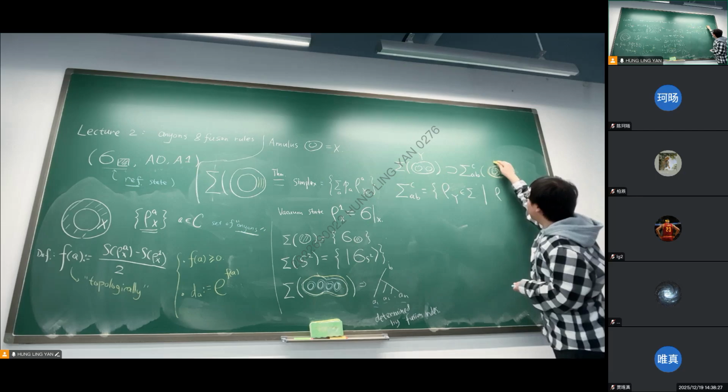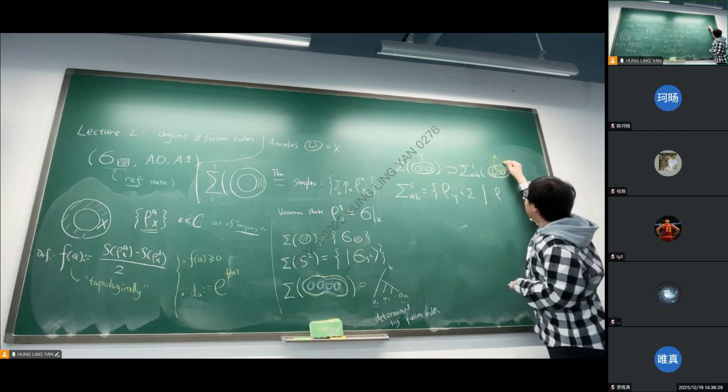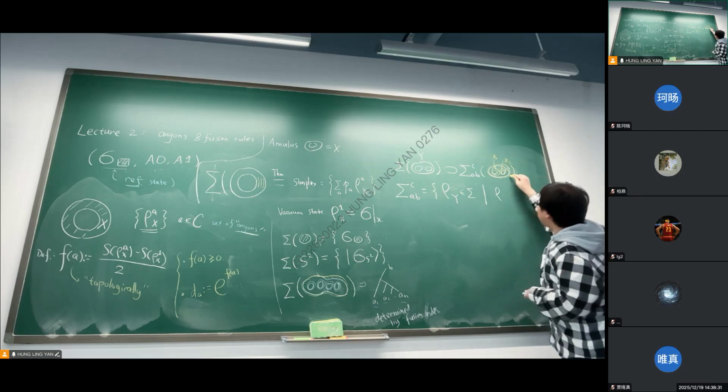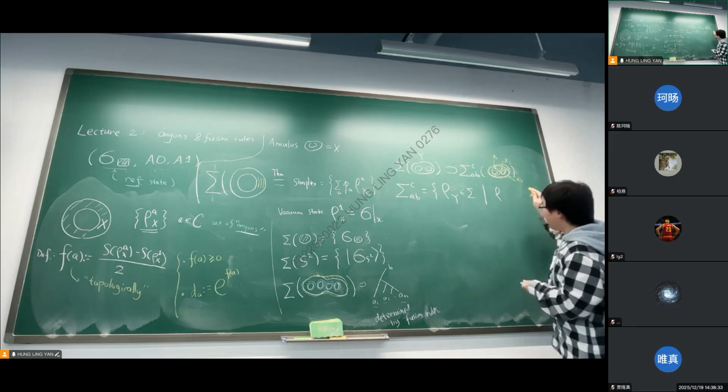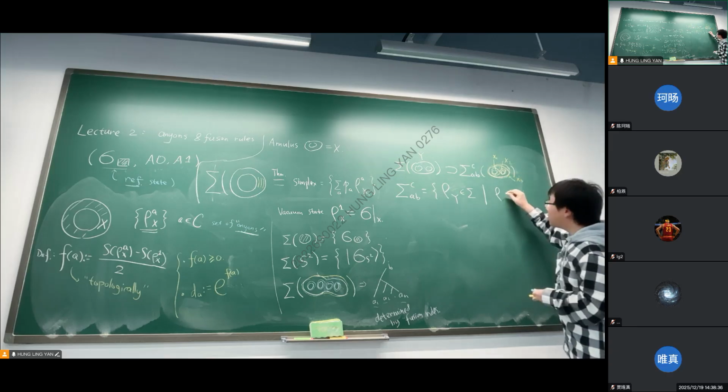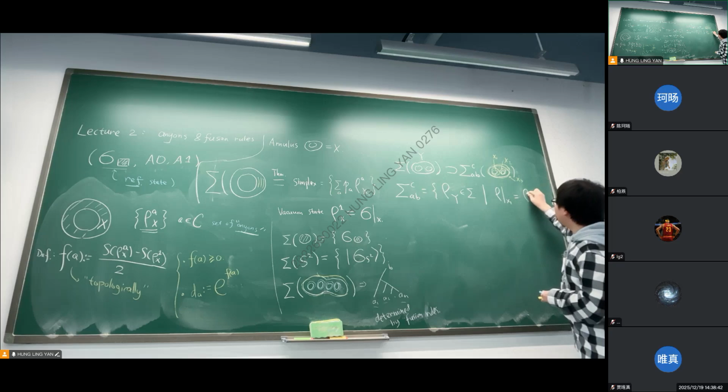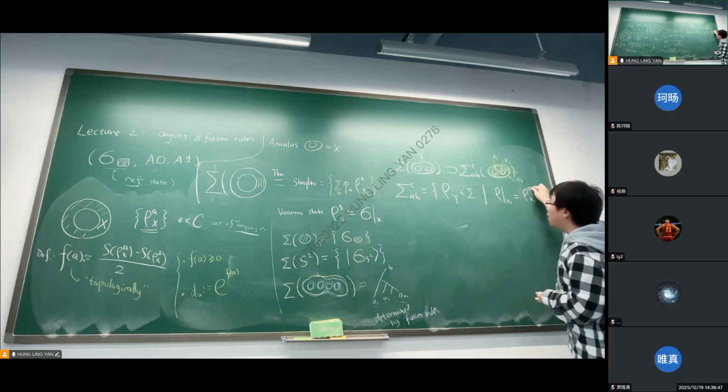Call them x1, x2, and the one outside is x3. Reduced to x1 is some extreme point, a.